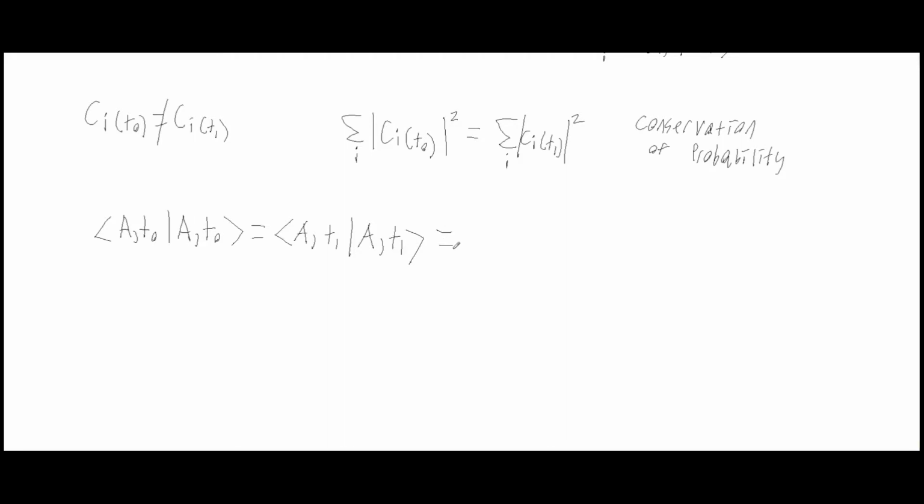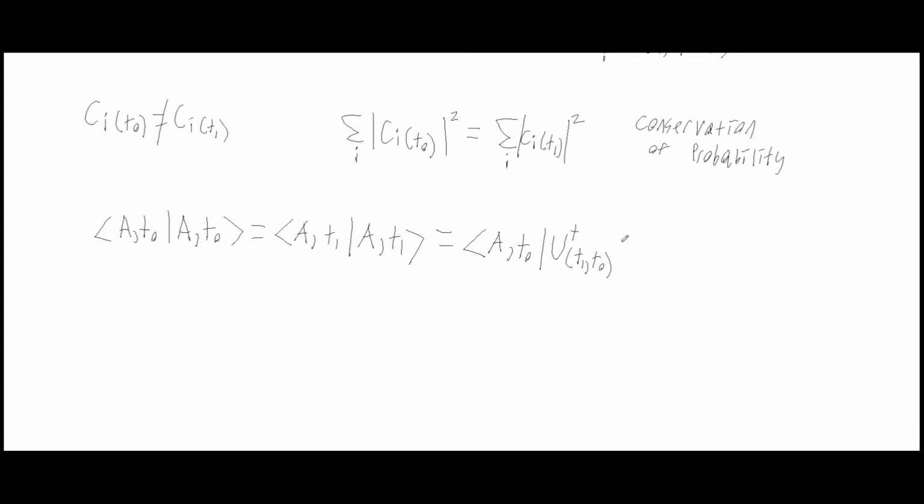And this would be equal to A at time t naught multiplied by, so this is a bra, so when we act on it with an operator, we also have to take the complex conjugate and transpose of that, which we use this dagger here, and we will call this U of t1 and t naught.